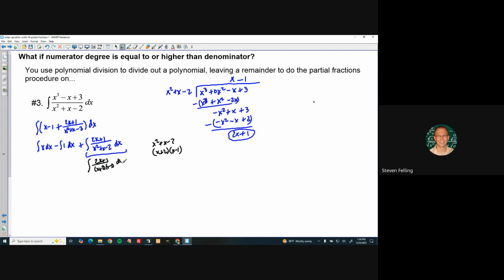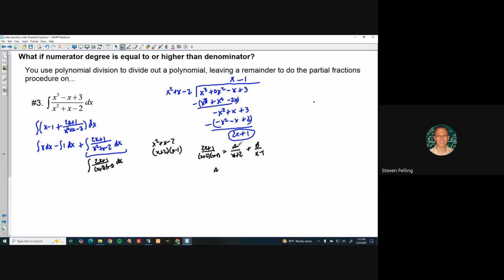That's the same integral. And then to handle this, we can say that this (2x + 1)/((x + 2)(x - 1)) is equal to an unknown A/(x + 2) plus an unknown B/(x - 1). Okay, so now we'll go through the procedure. We're going to multiply each one by the opposite denominator.